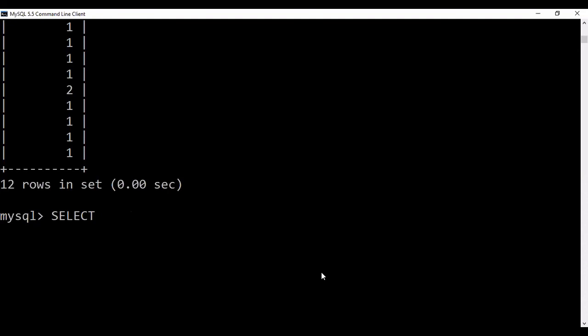See here, another way I'm doing: select S number from enrolled, group by S number. And I'm applying descending: order by count star descending.